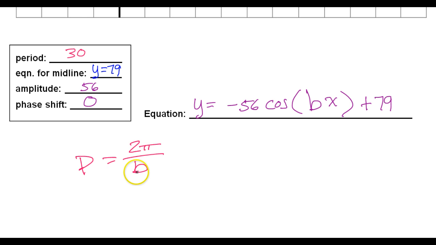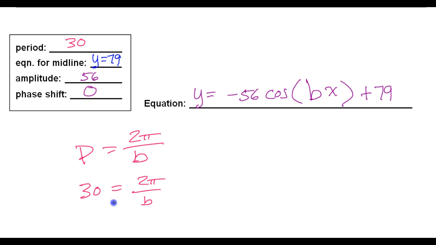This is that little formula that we memorized. The period is always 2 pi over b. Substitute the P with the 30, so we have 30 equals 2 pi over b. And you just switch it. Use that shortcut that comes up over and over again in math. Anytime you want the variable in the denominator, it's very easy to do.